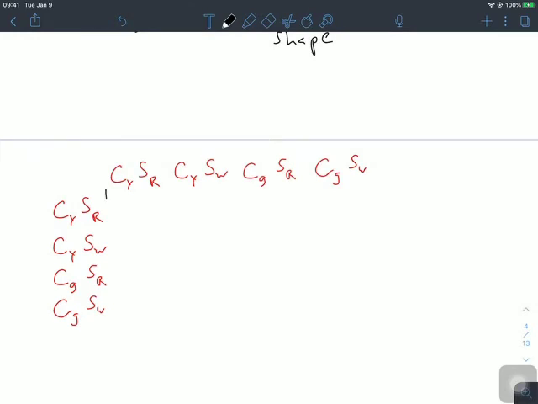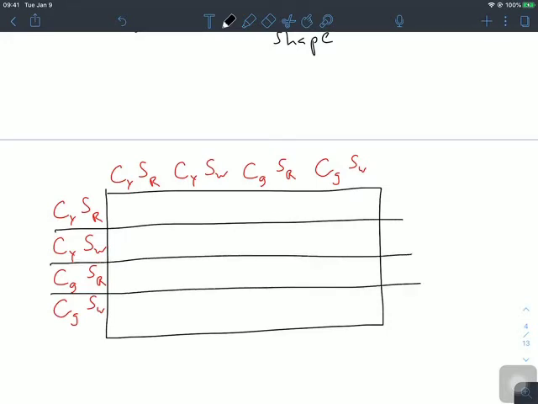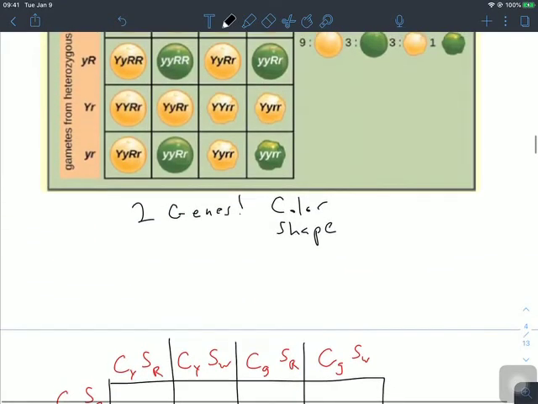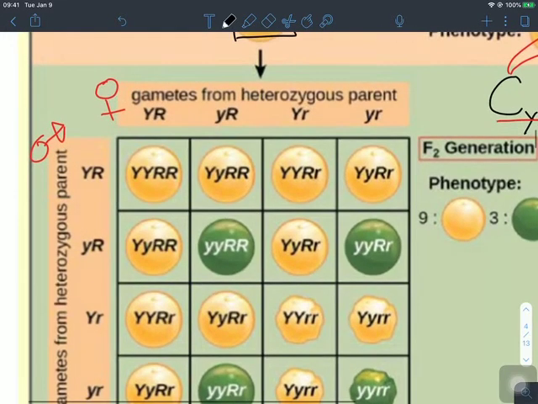The square will be in black. 4 rows, 4 columns. Then, just like before, when you had a single trait, you need to carry each of the different genes into each of the different squares.